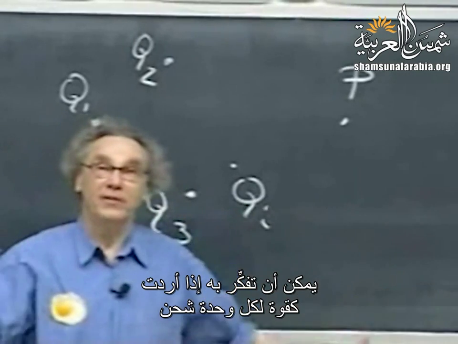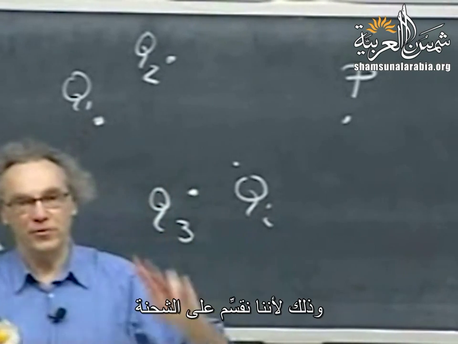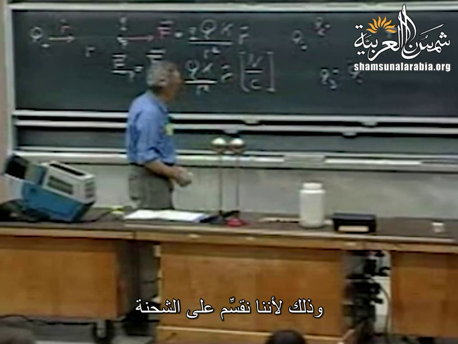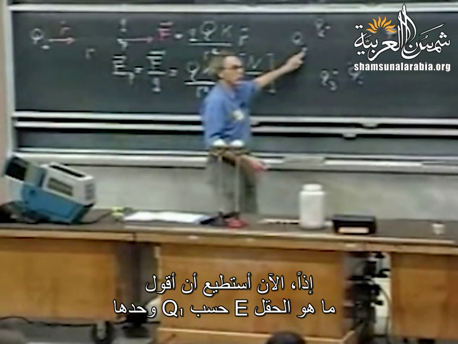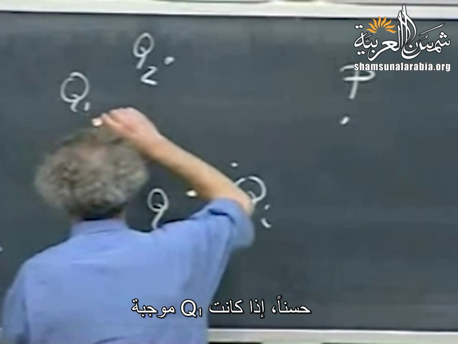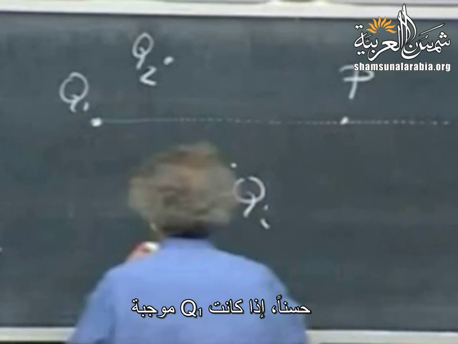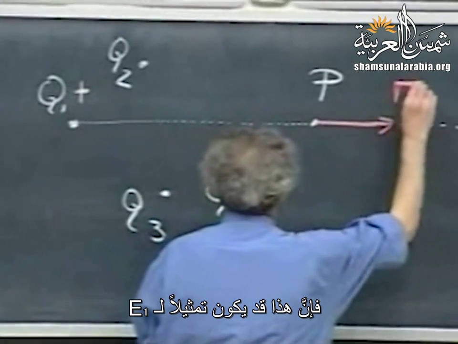You can think of it, if you want to, as the force per unit charge. You've divided out the charge. So now, I can say, what is the E field due to Q1 alone? Well, if Q1 were positive, then this might be a representation for E1.